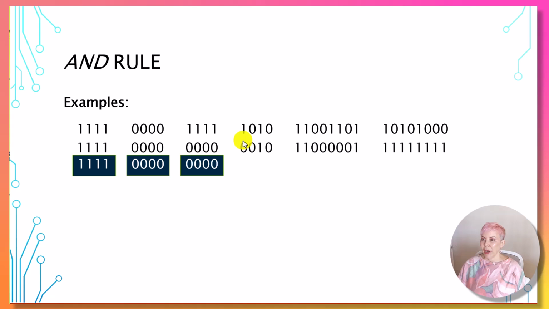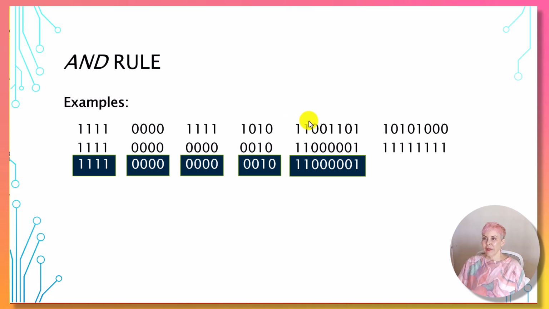Now we're going to compare 1 0 1 0 to 0 0 1 0. My outcome is going to be 0 0 1 0. If we look at these 8 bits, I'm comparing a 1 and a 1, I get a 1. A 1 and a 1, I get a 1. And when I do 0 and a 0, I've got a 0, etc. Until I get back down to my very last bit in my octet, and I've got a 1.